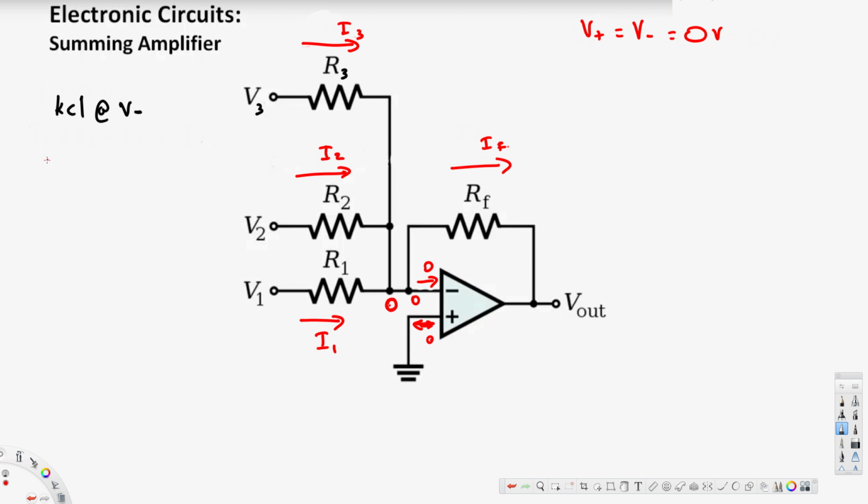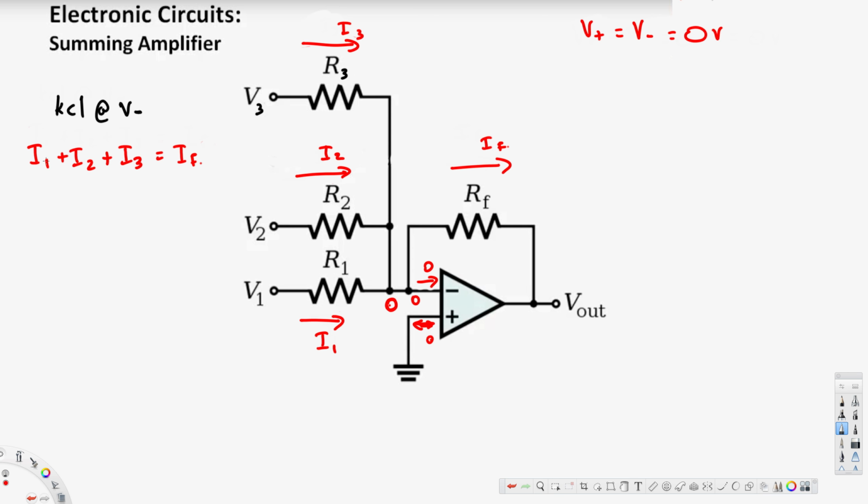So we know that I1 plus I2 plus I3 is equal to IF, and also we know that the voltage across the positive terminal is 0, therefore the voltage across the negative terminal is also 0. So the voltage at this point is 0. So if this is 0, then for this current, using Ohm's law, we know that current is equal to voltage over resistance.